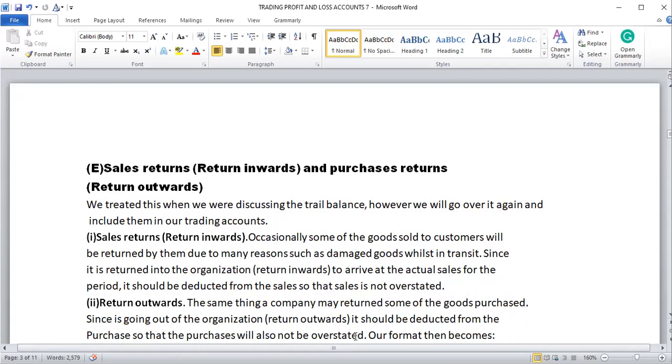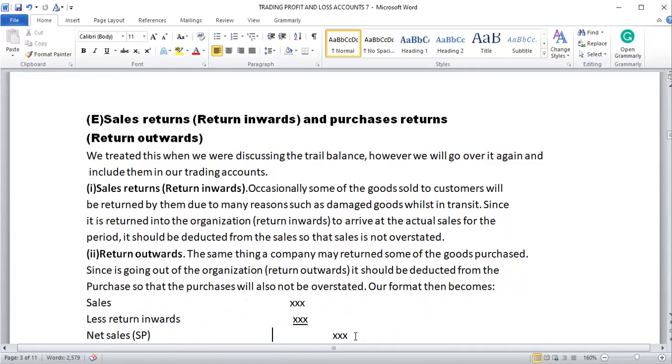What I mean is that a business may purchase goods, but realize that some of the goods may be faulty or wrong goods were supplied, then they have to return them to the owner. They are returning it out of the business, so we say it's returns outwards. So in order to know our actual purchases, we take the purchases, then whatever has been returned, we deduct it so that we get actual purchases, so that the purchases figure will not be overstated.